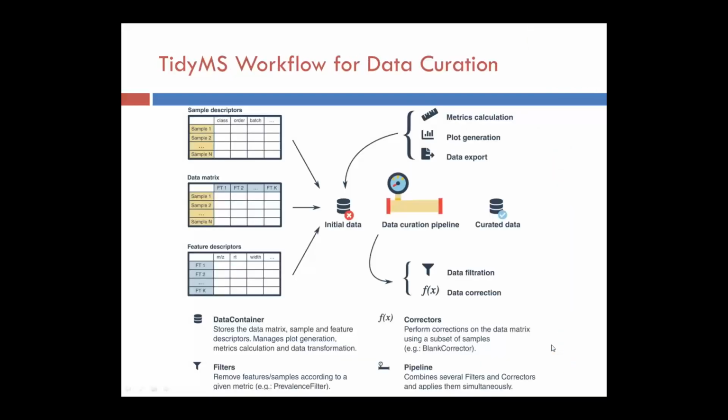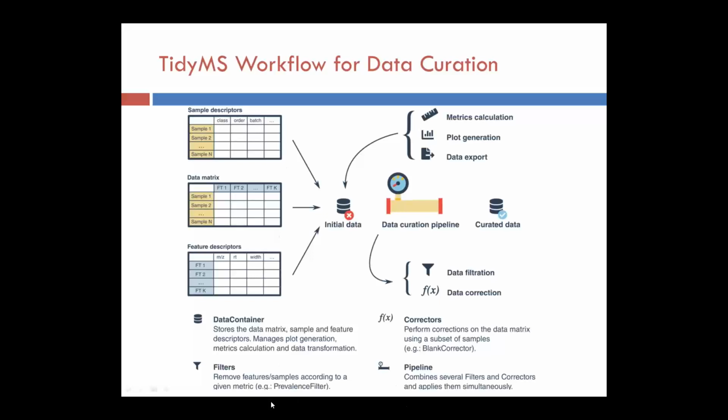So this scheme briefly summarizes the workflow of TidyMS for data curation, in which the methods for filtering features in the data matrix are encapsulated in the data container, the filters, the correctors, and the pipeline objects. The data container basically stores the data matrix and contains the descriptors associated to the features, such as the m/z and retention time, and the descriptors associated to the samples, such as the class, the order, or the batch.